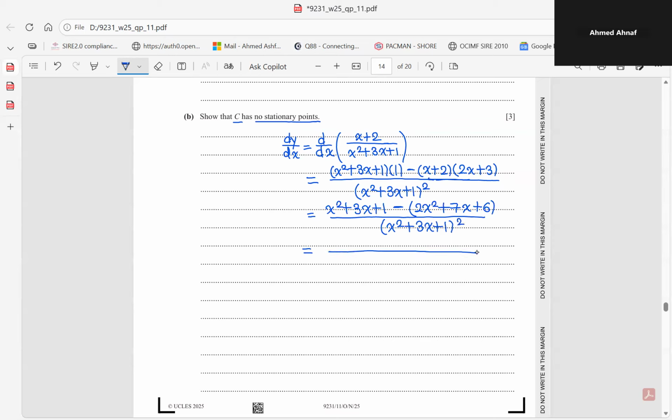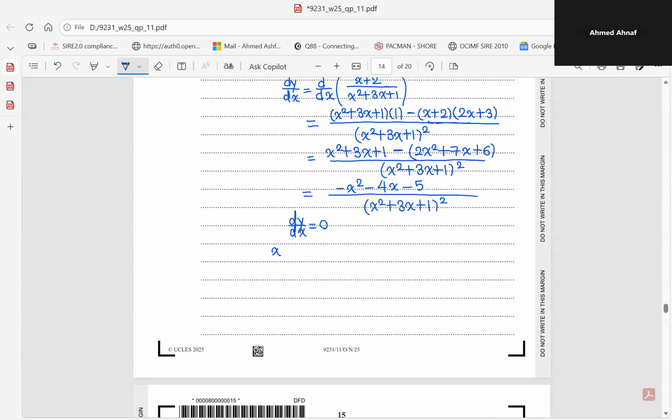So simplifying, you'll get minus x squared minus 7x plus 3x, which is minus 4x, plus 1 minus 6, which is minus 5, over x squared plus 3x plus 1, squared. And now we equate dy/dx to 0. We'll get x squared plus 4x plus 5 equals 0.